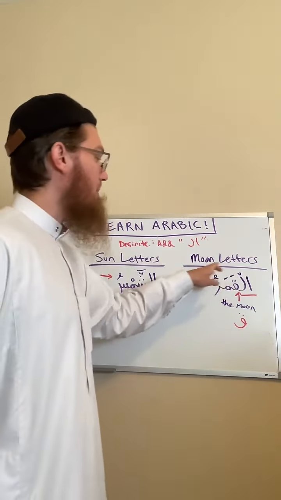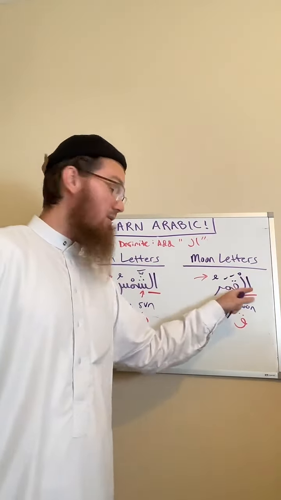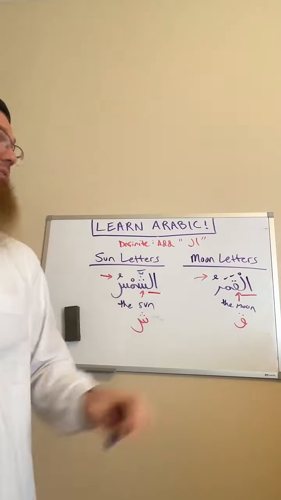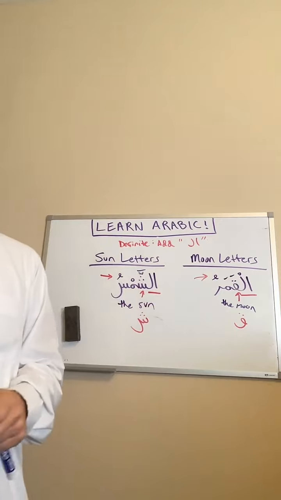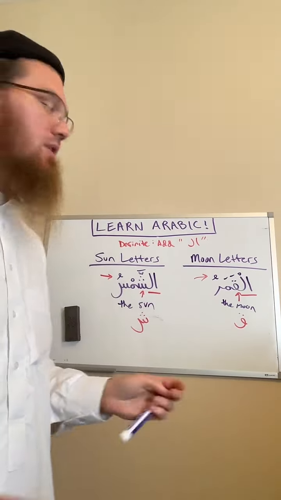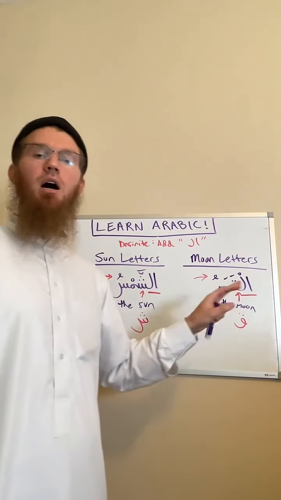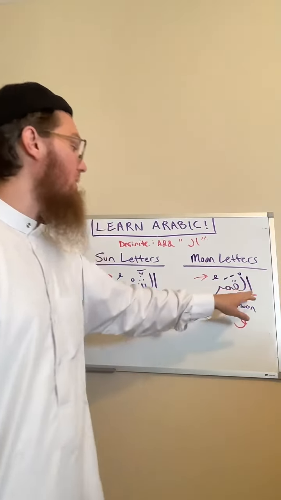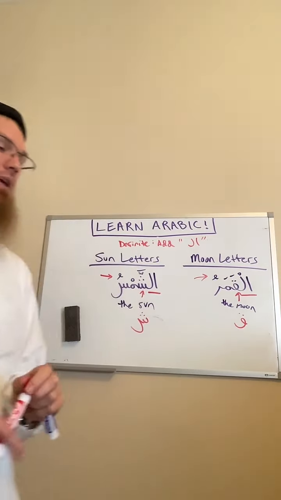However, if it's a moon letter that comes after the definite alif lam, do we pronounce the lam? Yes, we do. We don't say Aq-Qamaru. We say Al-Qamaru. We do pronounce the lam. That's the difference between moon letters and sun letters.